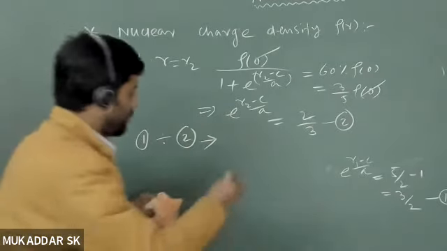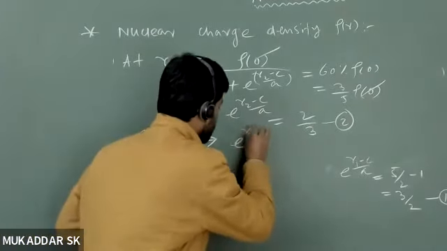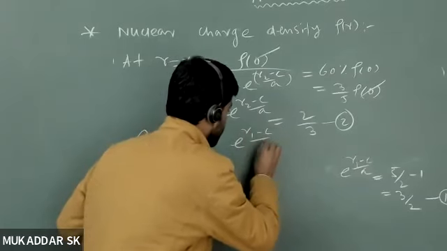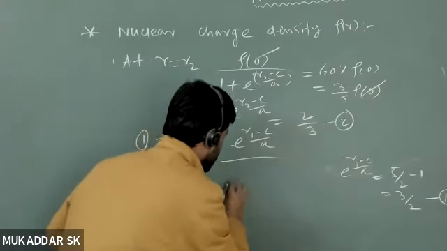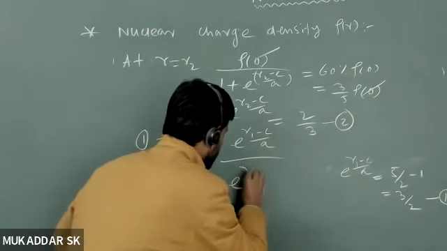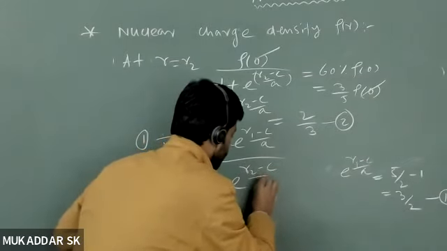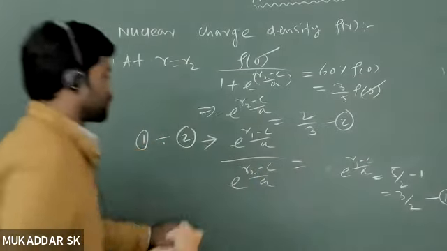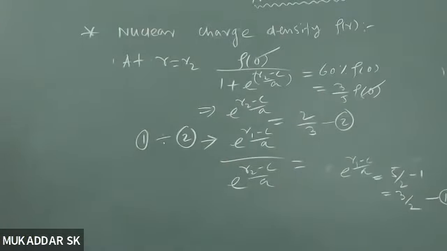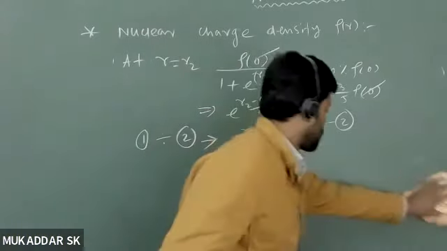On the left hand side, you will have exponential R1 minus C by A divided by exponential R2 minus C by A. That should be equal to how much? 9 by 4, exactly.